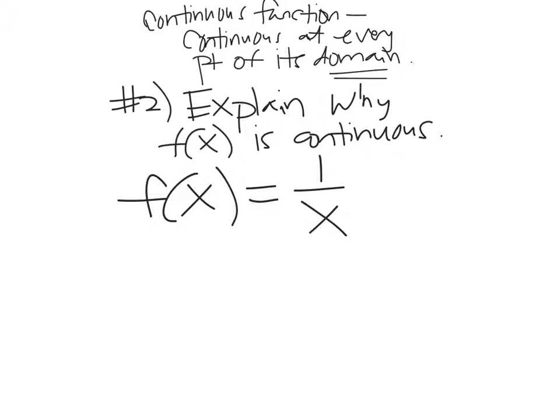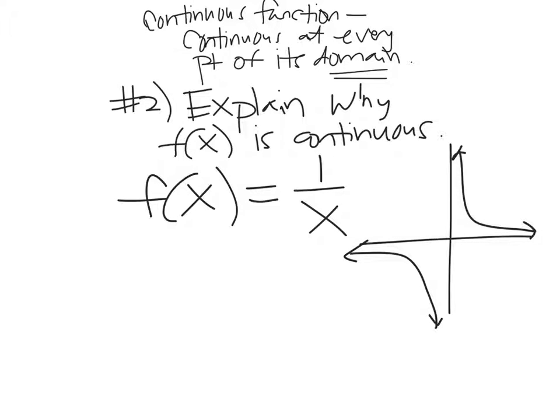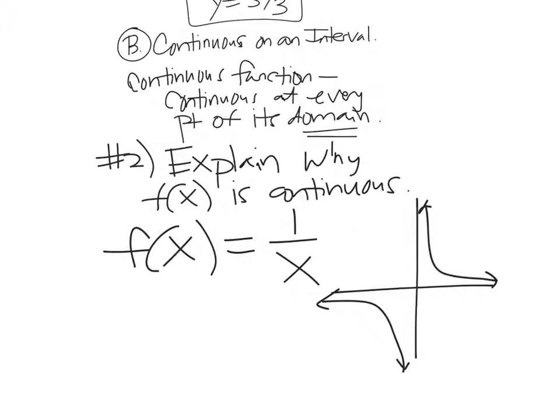This is still number 2. So we're going to explain why f of x is continuous. Well, I look at that and I think, that's not a continuous function. At x equals 0, there's a problem. There's an infinite discontinuity. But take a look at what they say a continuous function is. A continuous function is continuous at every point of its domain.